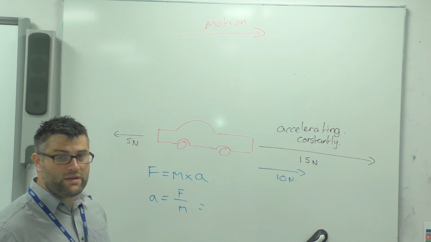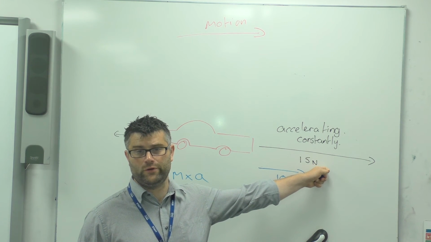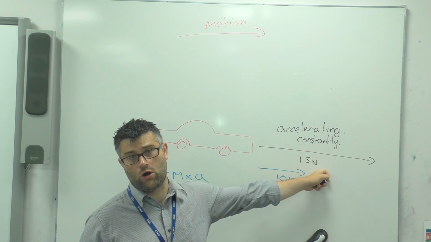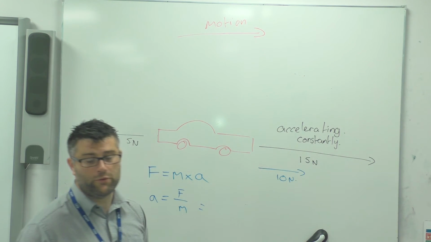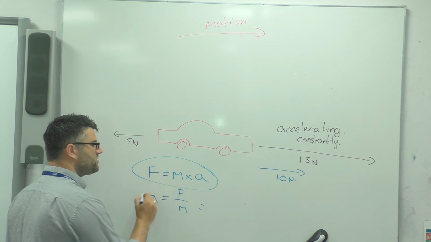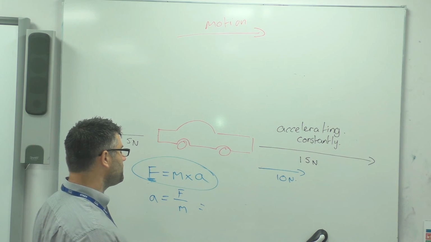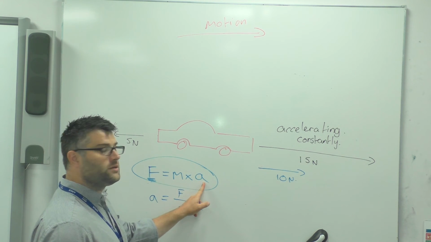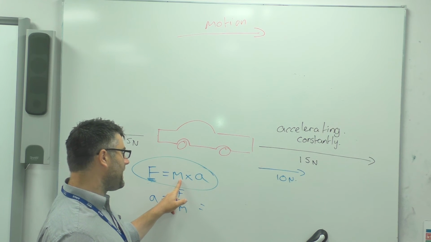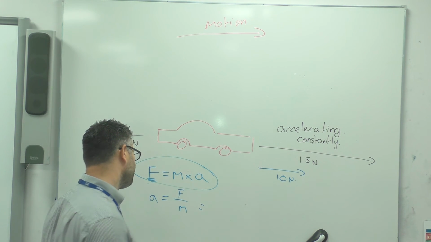Now, common misconception is that we put the full forward force in. That is wrong, okay? You don't want to put the full forward force in. This equation is all based around the external resultant force. The external resultant force required to allow a kilogram of mass to accelerate by 1 meter per second.